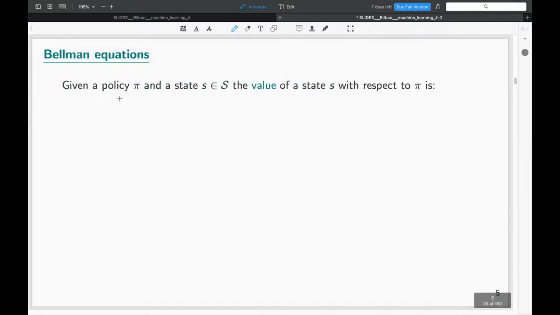Okay, and then we had the Bellman equations. Given a policy pi and a state S, we had this definition.